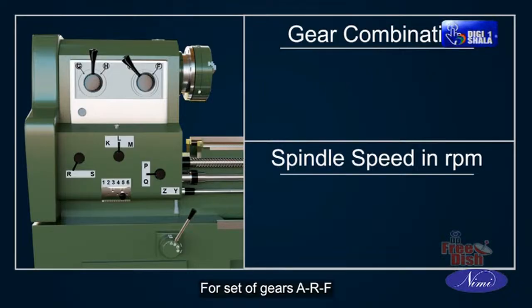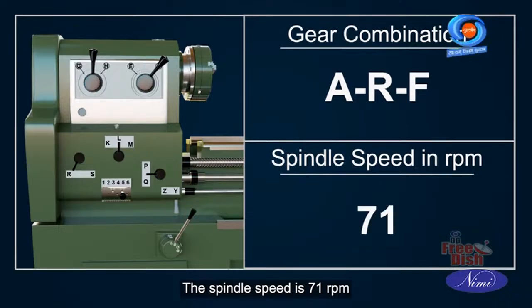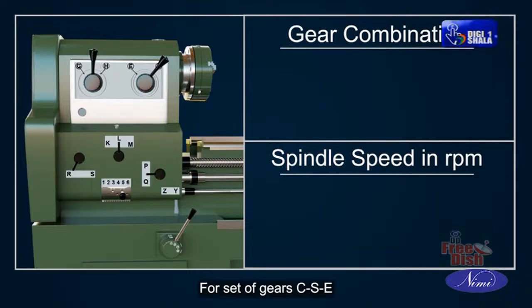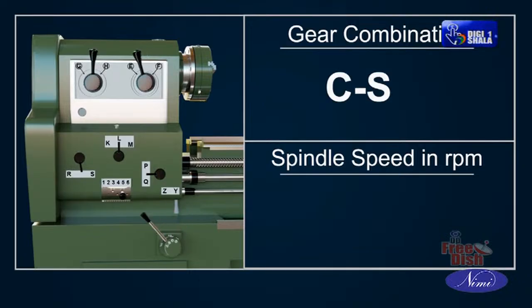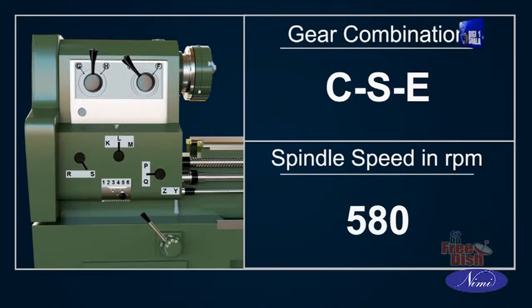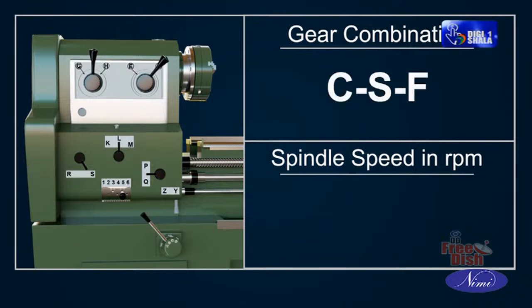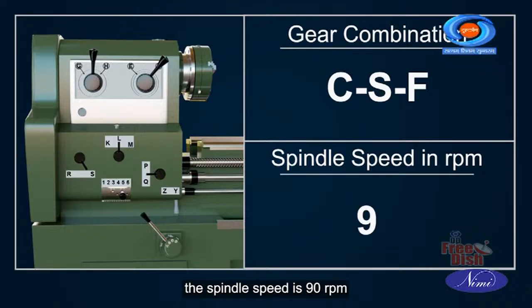For set of gears ARF, the spindle speed is 71 RPM. For set of gears CSE, the spindle speed is 580 RPM. For set of gears CSF, the spindle speed is 90 RPM.